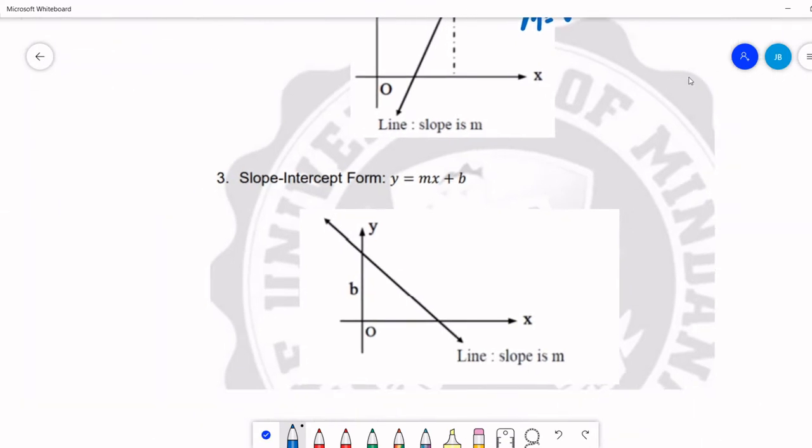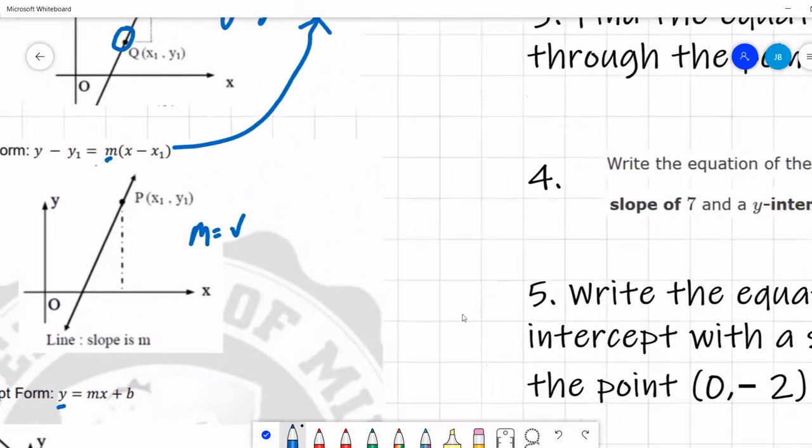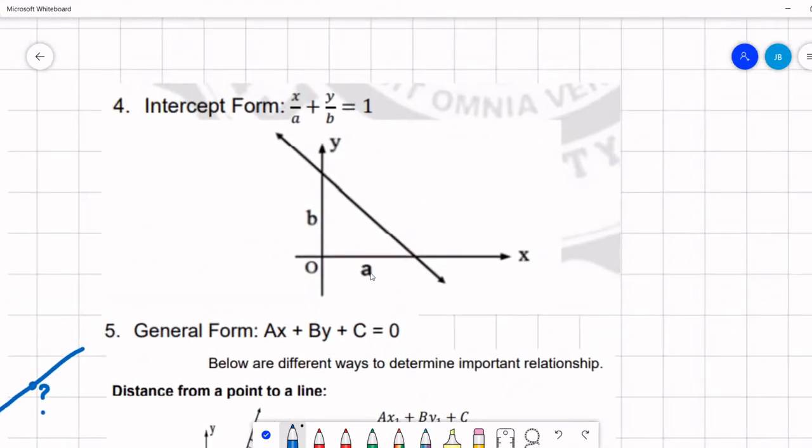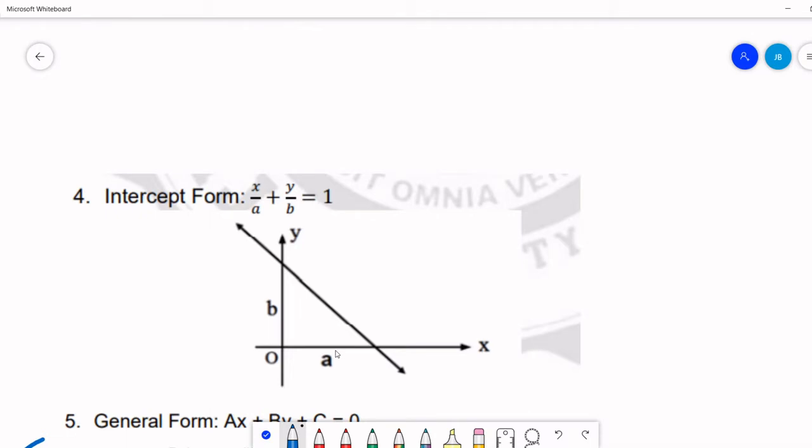In this one, the given would be, sa slope-intercept form, the given would be the slope, which is m, and the y-intercept. Okay? So, the slope there is m. Alright, so for case number 4, that is the intercept form. So, to find the equation of a line for that one, it would be x over a plus y over b is equal to 1.